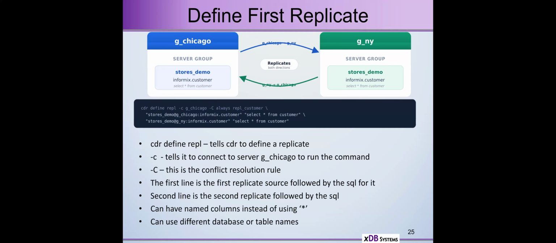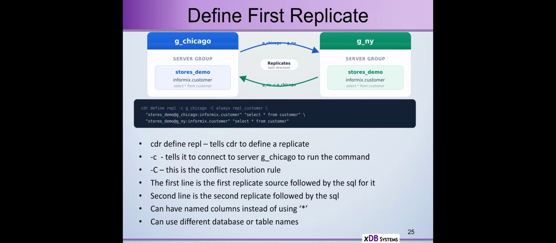So we're calling it repl customer. And then the syntax is a little weird, but after you've used it a few times, it makes sense. Where you have in quotes 4 parameters. The first one is the database at server colon table owner dot table name. So this is the full effective Informix path to the particular table that we're looking at.